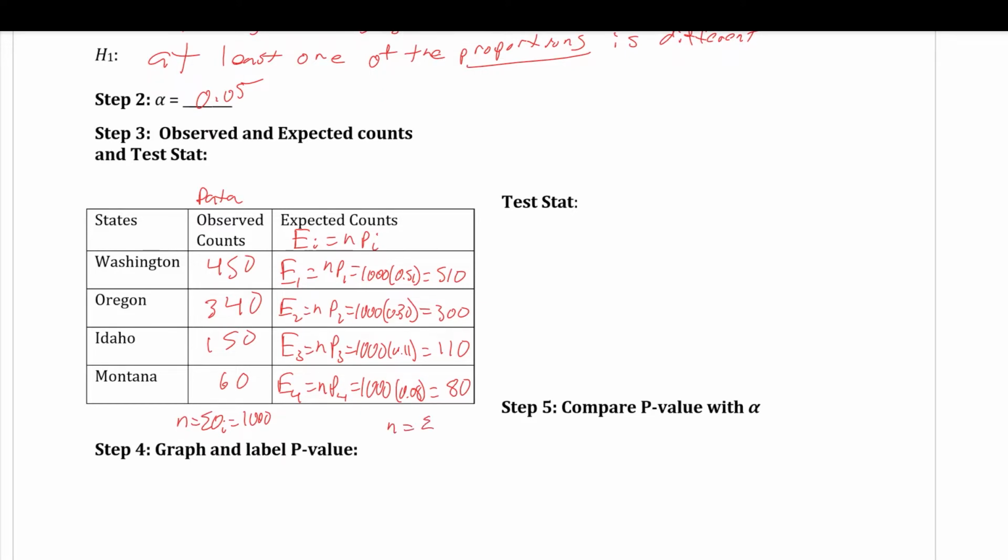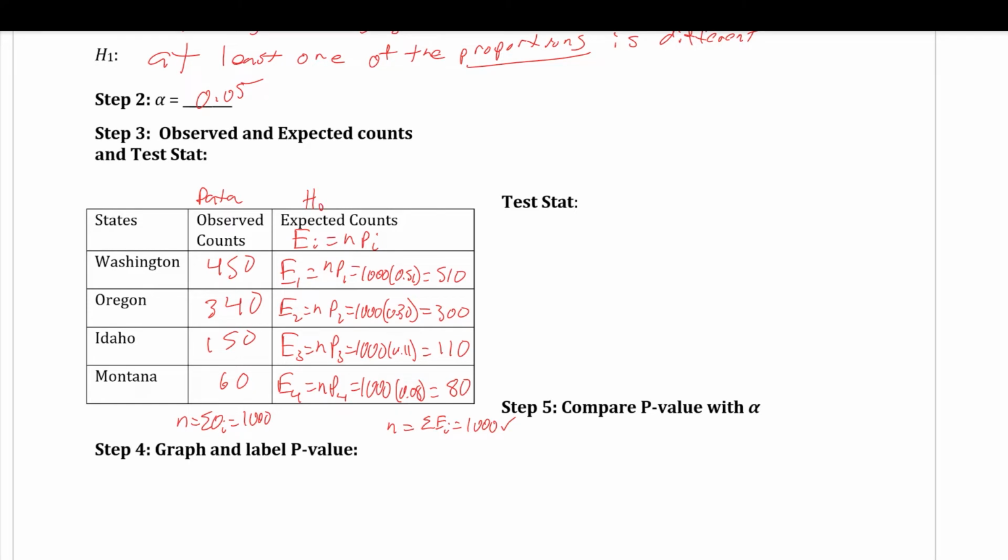N should also come out to be the sum of the expected values. And if you add up 510 plus 300 plus 110 plus 80, you should also get 1,000. Okay, that's a nice way to check. Those counts, each list of these counts has to add up to the same total. Again, this is your data, and this is essentially what we expect in the null hypothesis.